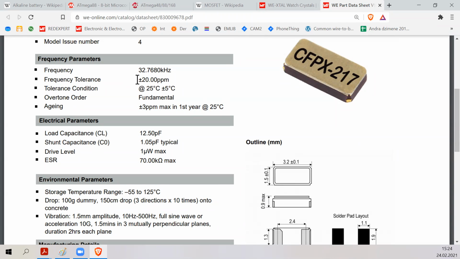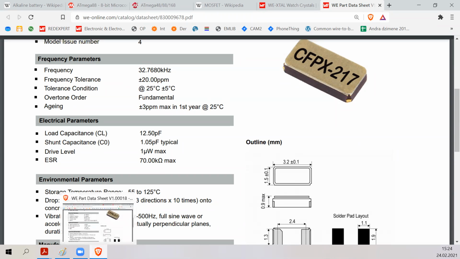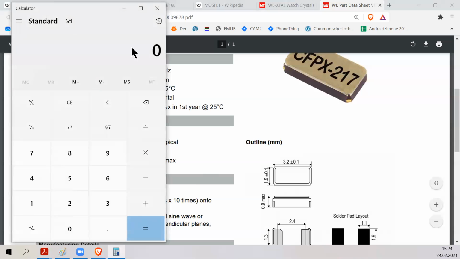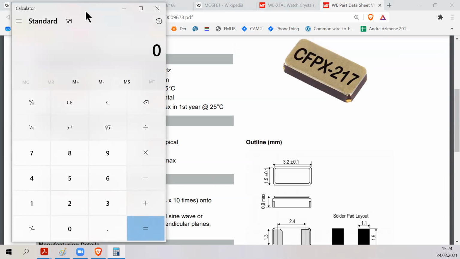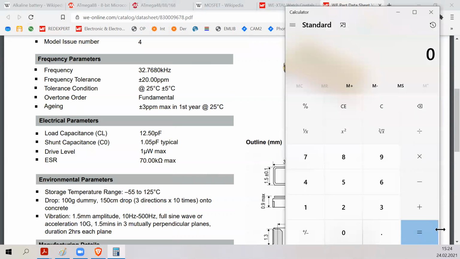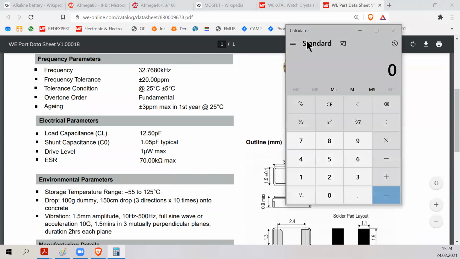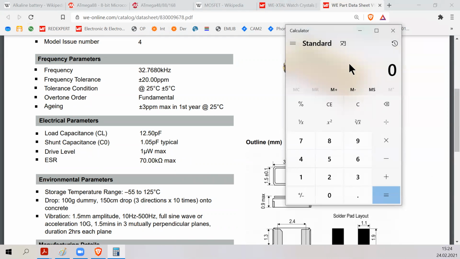And the manufacturing precision is plus minus 20 ppm. So if we want to calculate the effect on the frequency, what you have to remember is that this number is given as ppm, parts per million. So you need to multiply this number with millions of hertz. So for example, you have 32.768.